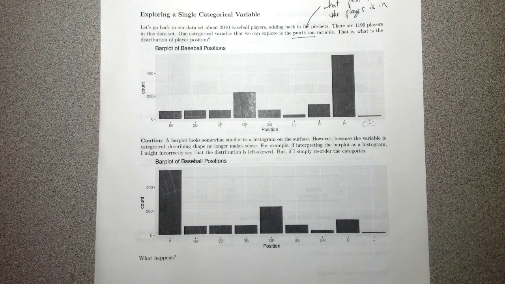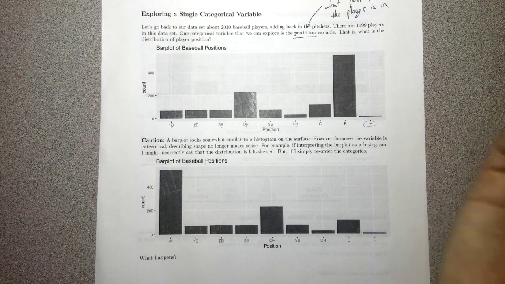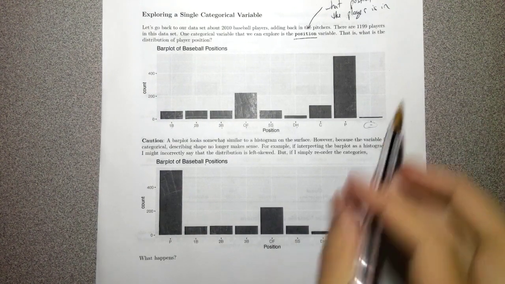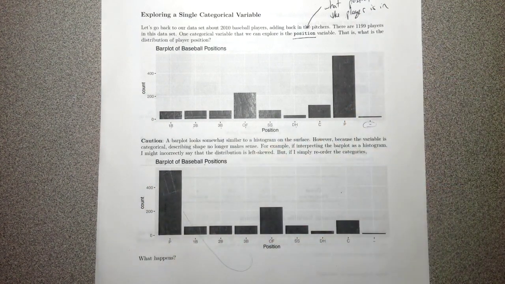One thing to note that's interesting is that there are a ton of pitchers. That's true in Major League Baseball, that a ton of the players are pitchers because they have to switch them out so often to rest their arms. So that's something interesting that we can see from this graph.